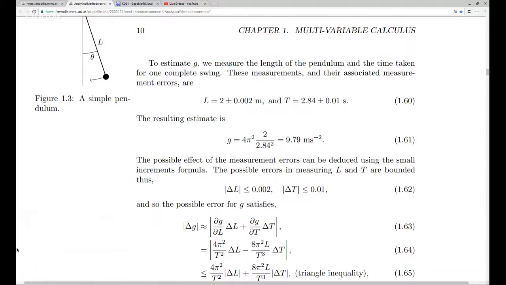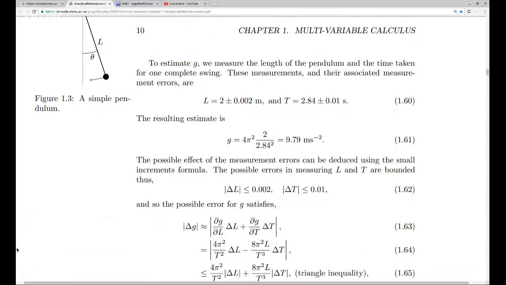So I know that my pendulum is length 2 meters plus or minus some error within the range, plus or minus 2 millimeters. Similarly, when I time the time period, suppose I declare it to be 2.84 seconds, plus or minus 100th of a second. Okay. So some inevitable inaccuracy in declaring when it's done one full period, stopping the watch, and then some inaccuracy in the watch itself.